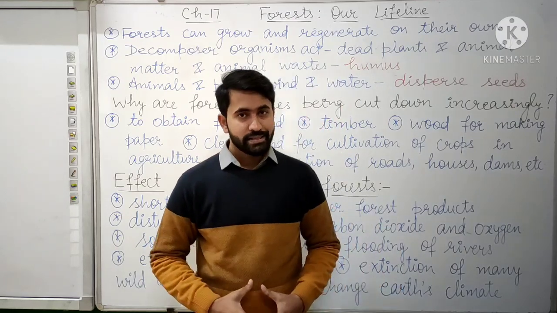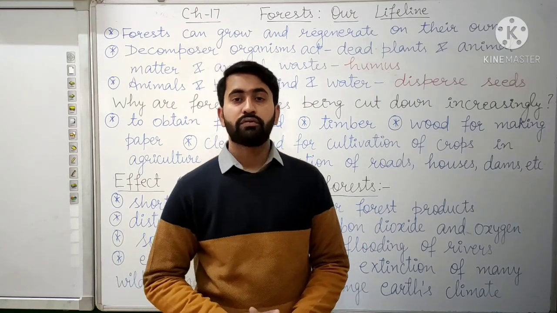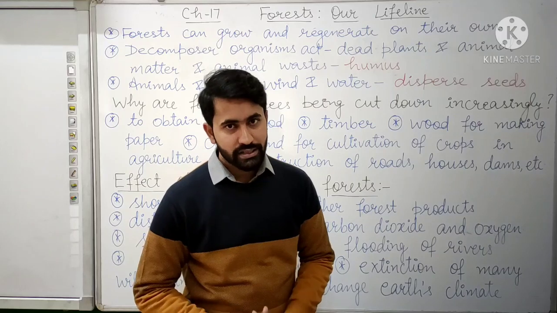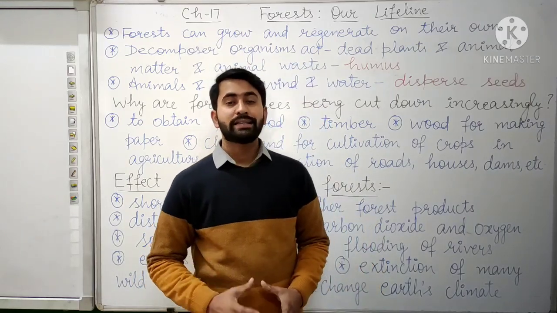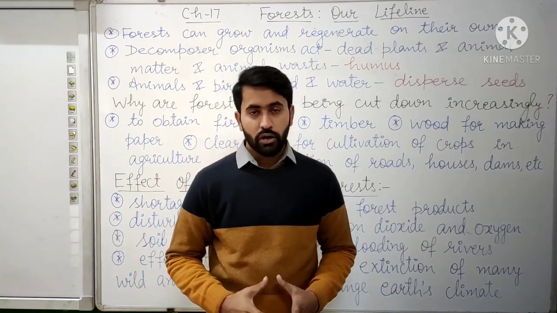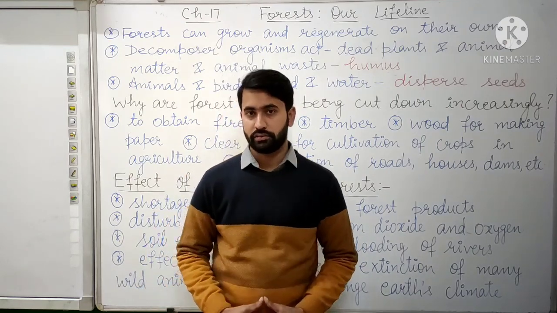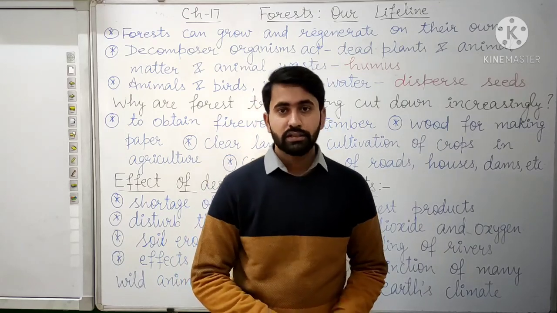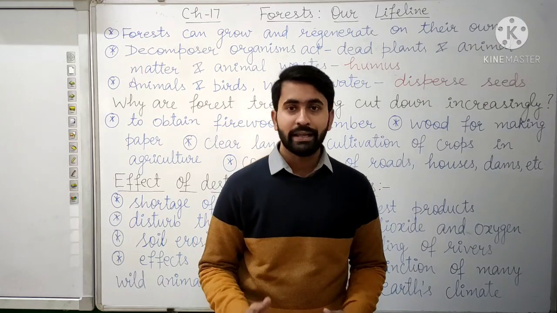Due to the increase in population, the demand for forest wood for various purposes has increased to a large extent. Forests are being cut down to clear the land for agriculture, so that more crops can be grown to feed the increasing population. The forests are also cut down to construct roads, buildings, industries and many other things.